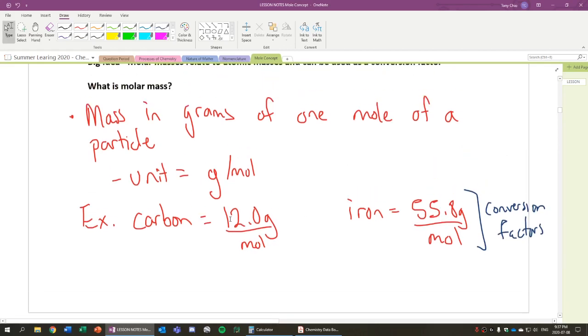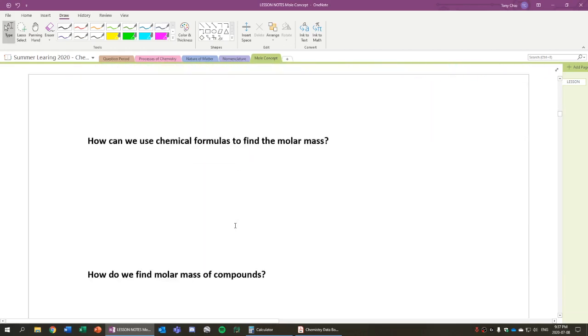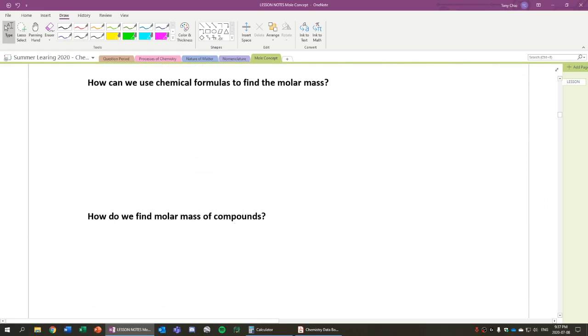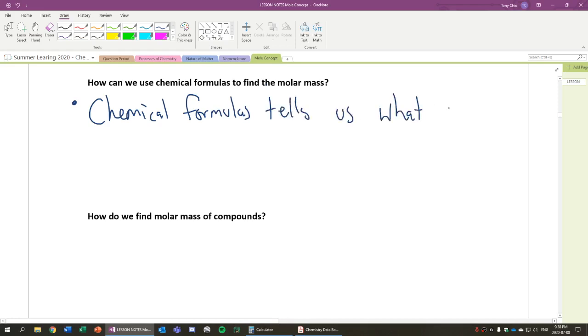So what else do we need to know to find the molar mass? Well, if we deal with a molecule, because each molecule has a different number of elements, we're going to have to find how to find its molar mass. So chemical formulas tell us what elements are present and how many we have.